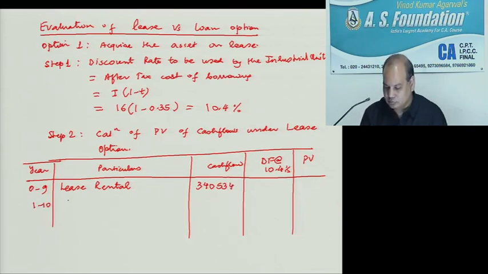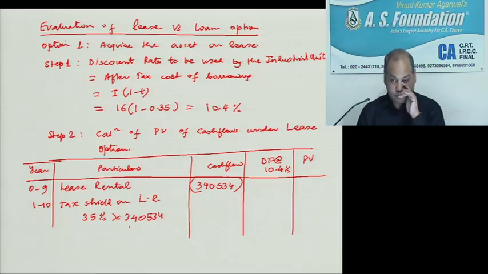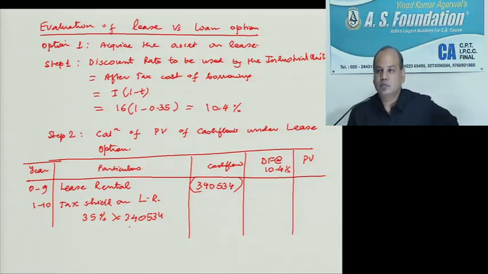1-10, tax shield on lease rental. How much was that? 35% of 340534. This you write in bracket. 1,19,187.